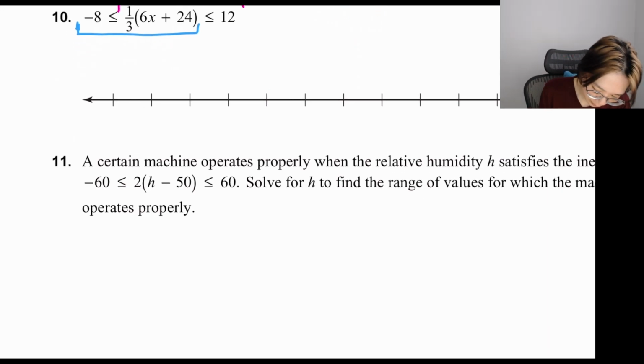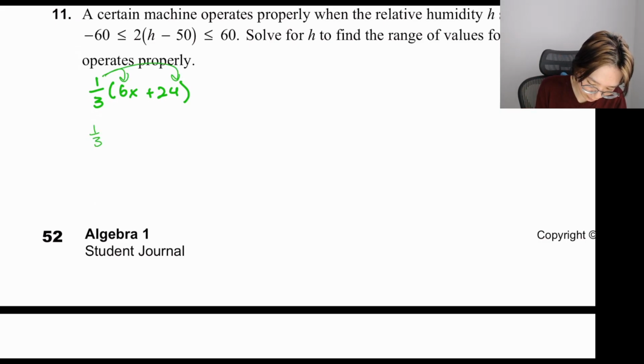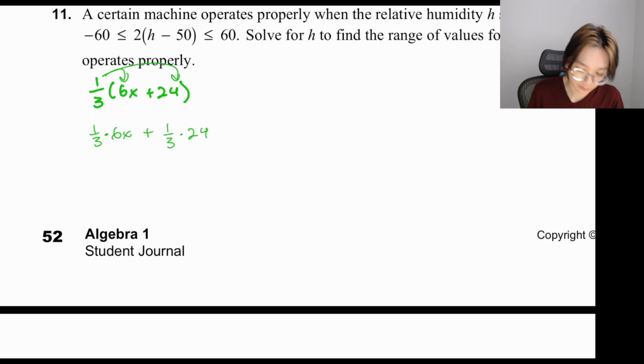We'll do the work down here. 1/3 times 6x plus 24. What I tend to want you to do is to distribute first, right? Because that's the safer way. So we have 1/3 times 6x plus 1/3 times 24. If you remember, a whole number times a fraction, it's the same thing as the whole number part times what's on top.